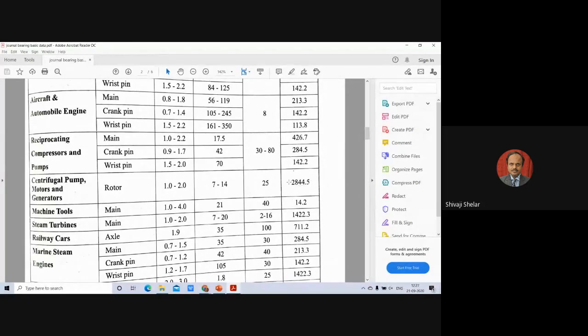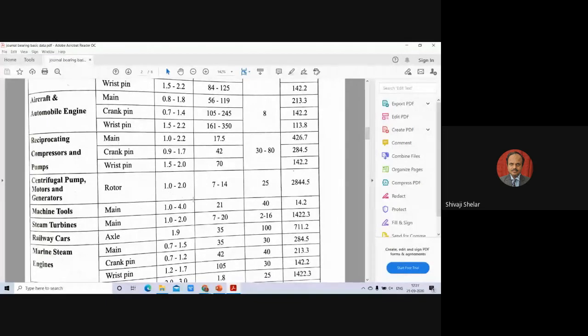This ratio will be there. Since our application is this, we have to select L by D between 1 to 2. There are tables where you can have bearing L by D less than 1 also. If there is a space constraint, then only you can go L by D less than 1. But as per standard practice, it should be between 1 to 2.